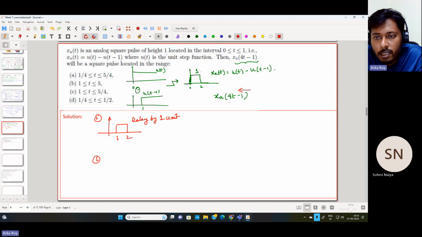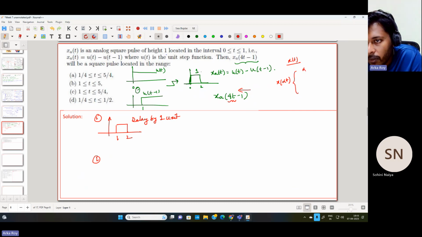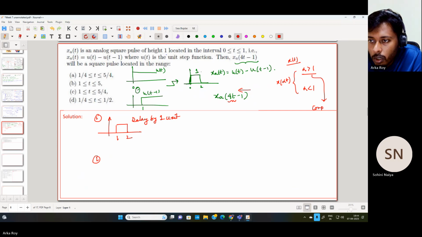Now in the second operation, I can see a time scaling property has been applied. In the first lecture itself, I had told that if x a of alpha t is given, you have been given x of t, and you need to draw x of alpha t. There could be two cases: when alpha is greater than 1, and when alpha is less than 1. When alpha is greater than 1, this gives you compression, and when alpha is less than 1, it gives you expansion.